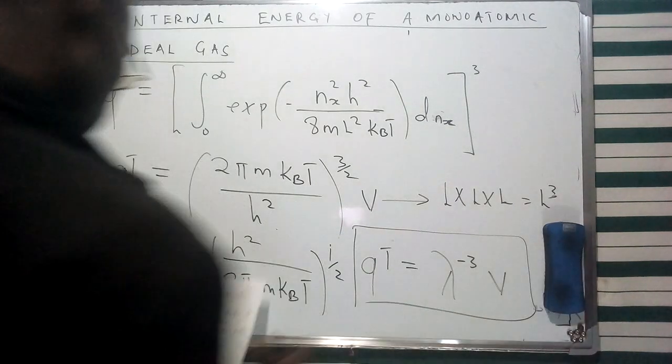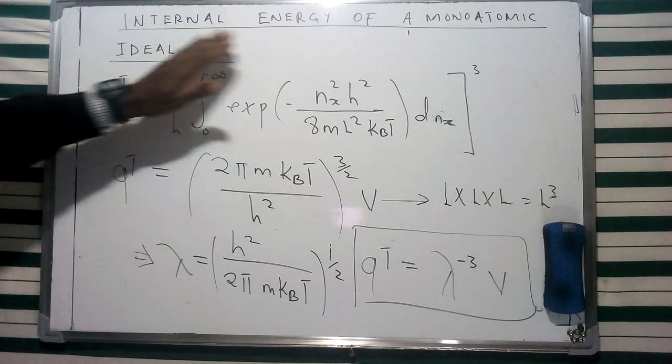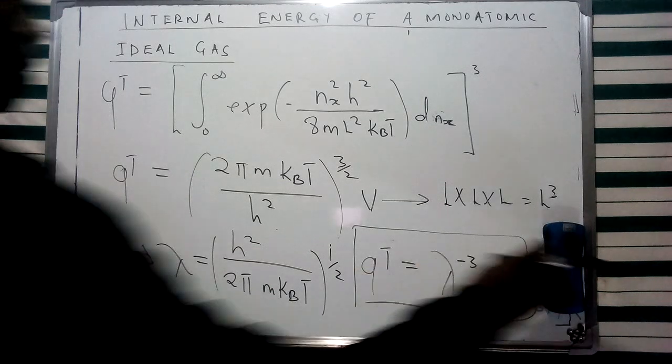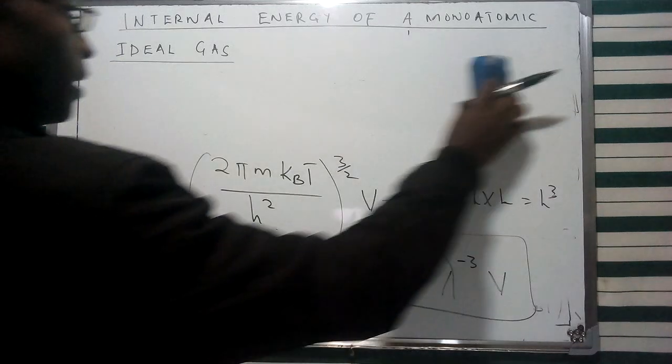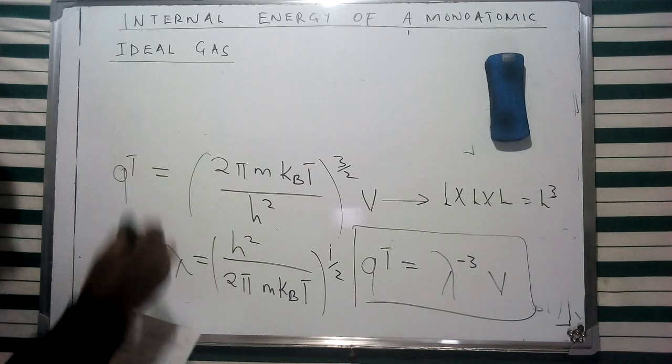Now, if you consider the case of a monoatomic ideal gas, which we have mentioned, we can describe this monoatomic gas consisting of N atoms in terms of the atomic translational partition function.